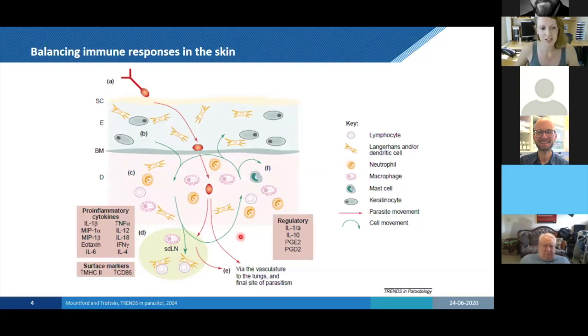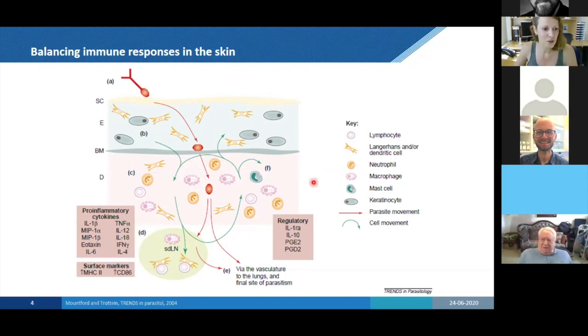And the idea behind it is that because of the regulatory part of the immune system that's also activated, this dampens the adaptive immune system. And this allows not only the parasite to fully develop into adult worms and start laying eggs, but it also allows reinfection because there's no full immunity generated.